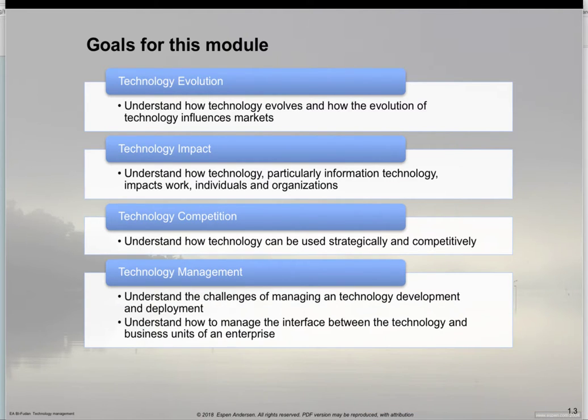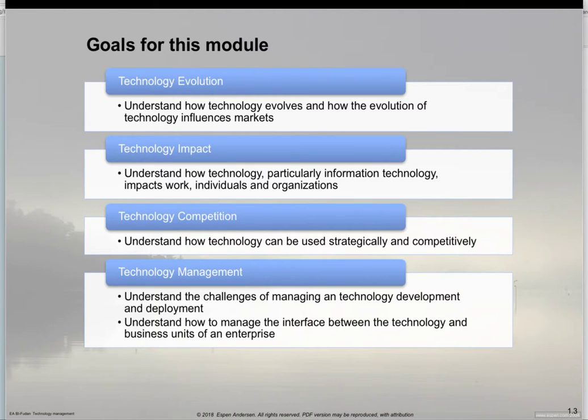And lastly, technology management, and that's two-sided. It's understanding how to manage people that are technologists, because they're a different kind of employee in many cases than, say, somebody who is a production worker or a clerk or a middle manager.